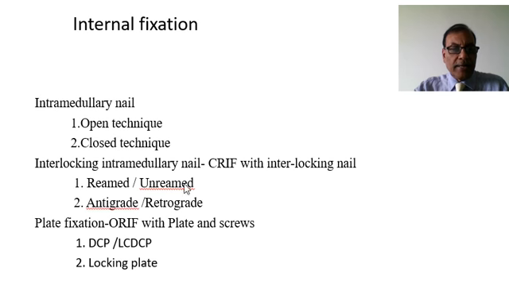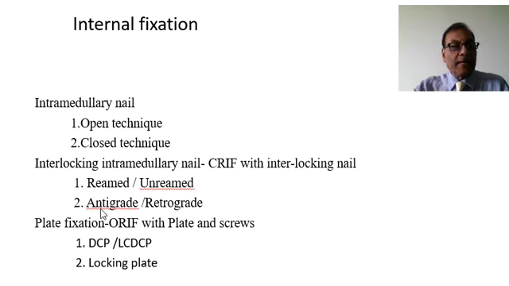Now this nail could be done with reaming or maybe unreamed. You ream the medullary canal to fix the wider diameter interlocking nail, or with unreamed you have to be satisfied with the smaller diameter interlocking nails.